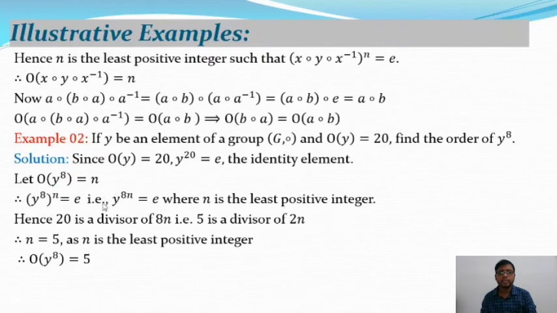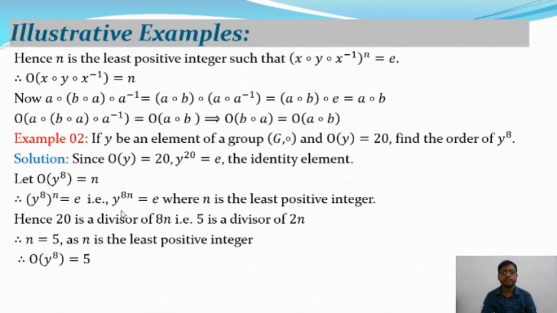Now applying the third theorem on the order of a group, we see that 20 is a divisor of 8n, where 20 is the order of y, y is an element of G, and n is the order of y to the power 8, the least positive integer.